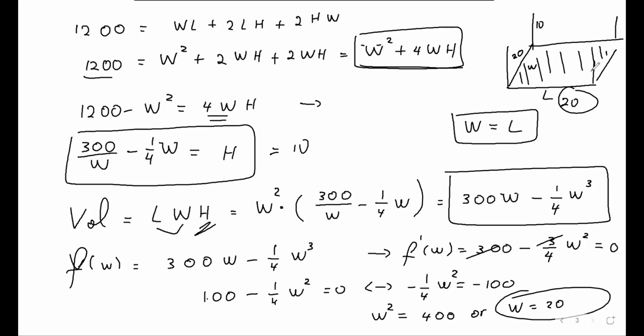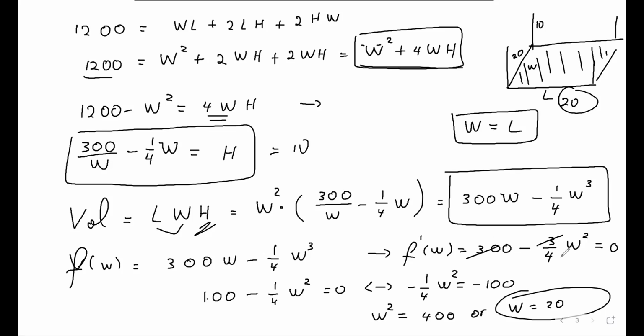Now, how do you know that this is a minimum or a maximum? Again, you can do a little bit of further inquiry. You can look at the sign of the derivative, which is this one here, 300 minus 3/4 W squared.